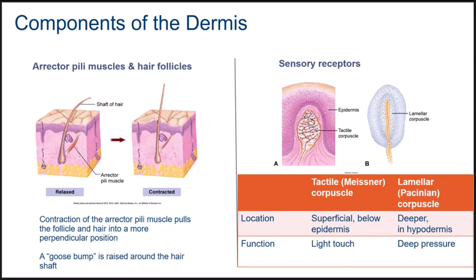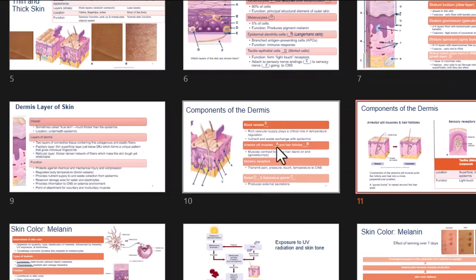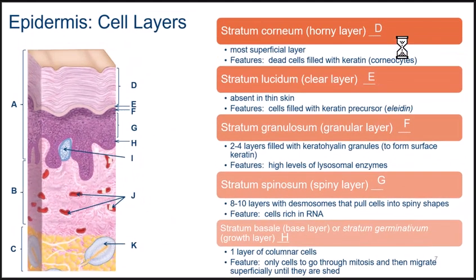I'm just going to go back to this image here. What I can show you is that I represents the Meissner corpuscle, and you can see it's more superficial in this region here.